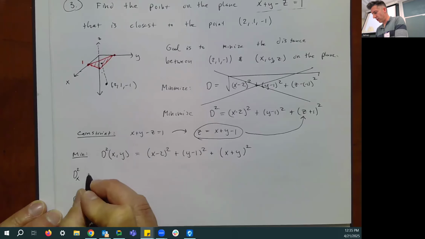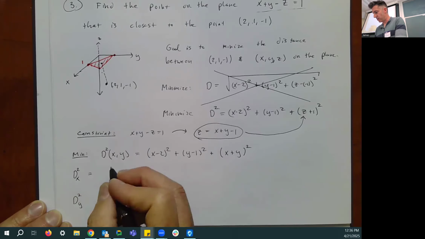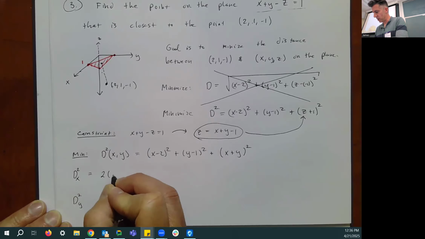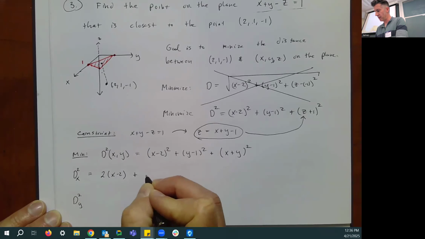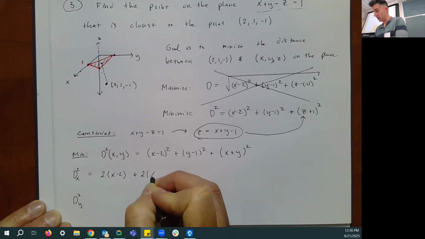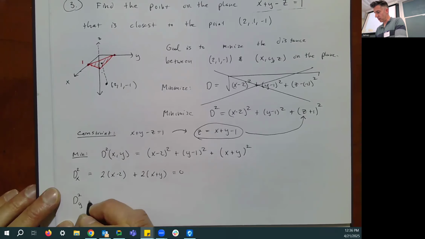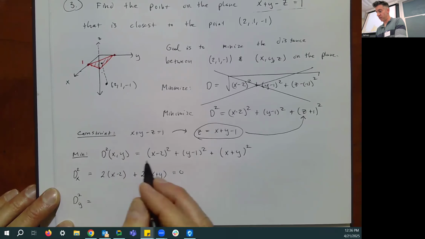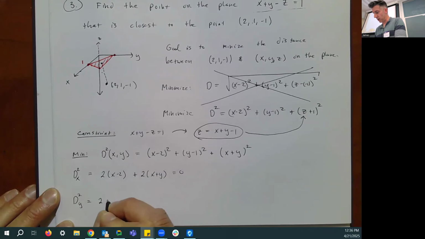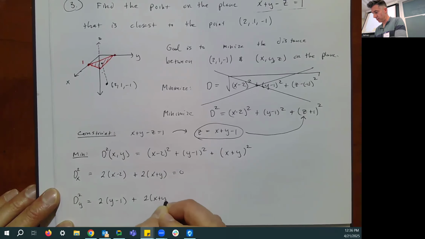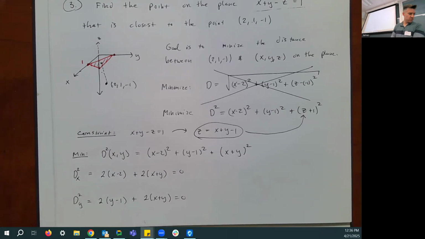So the partial of the distance squared with respect to x is going to be 2 times x minus 2 plus 2 times x plus y times 1, if you like. Similarly, the partial of d squared with respect to y is going to be 2 times y minus 1 plus 2 times x plus y.